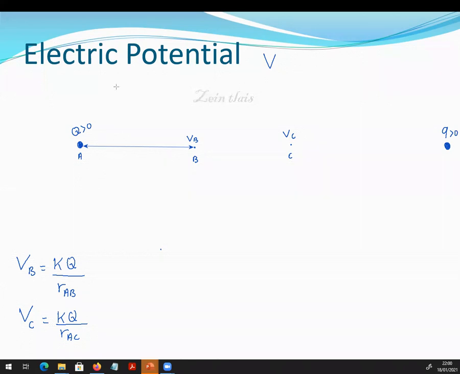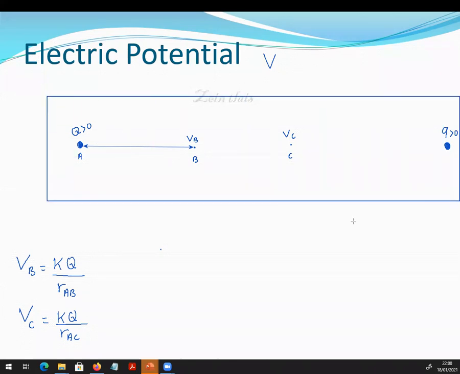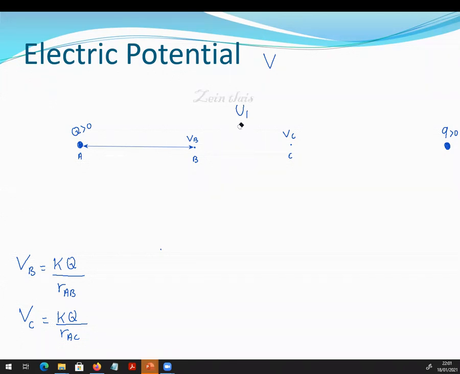This system, with this configuration, has U1 as electric potential energy.